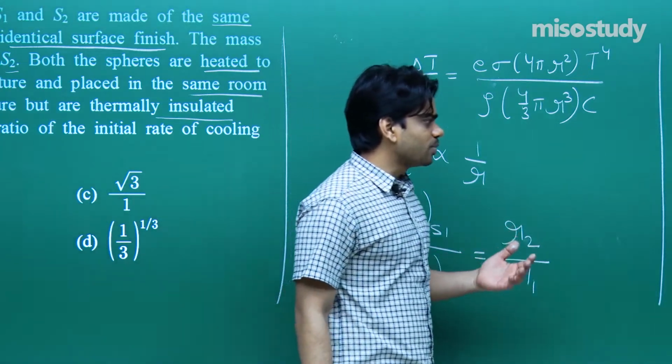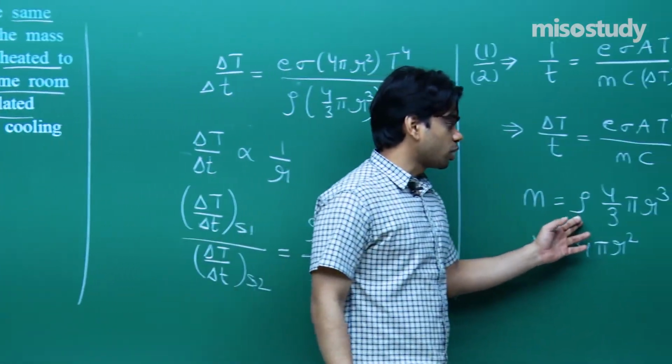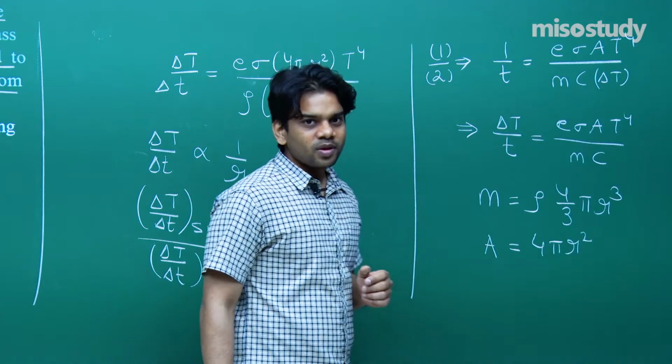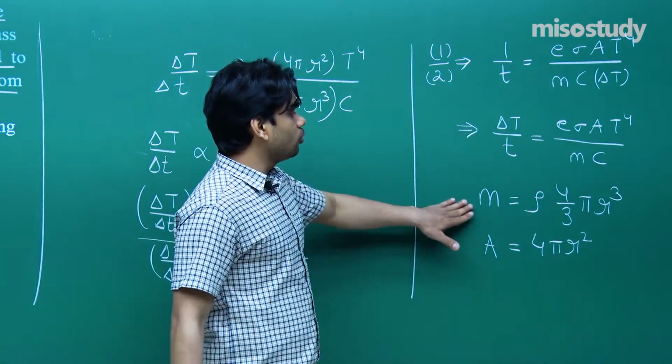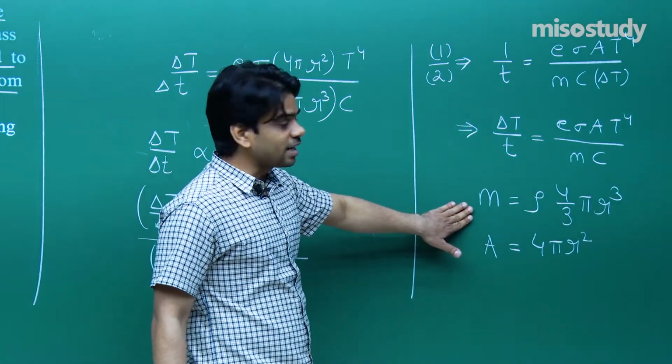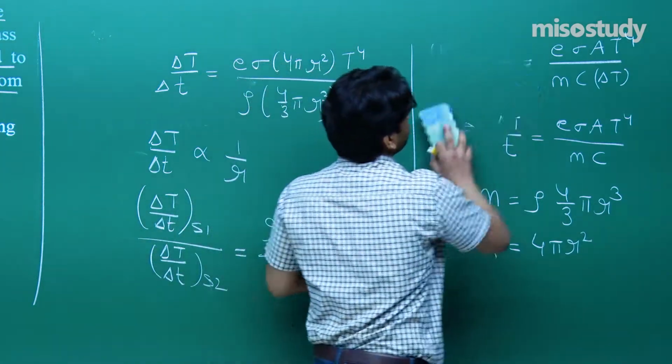Now you come here, mass equal to rho into 4 by 3 pi r cube. So r cube will be proportional to m. We can write that r cube is proportional to m.